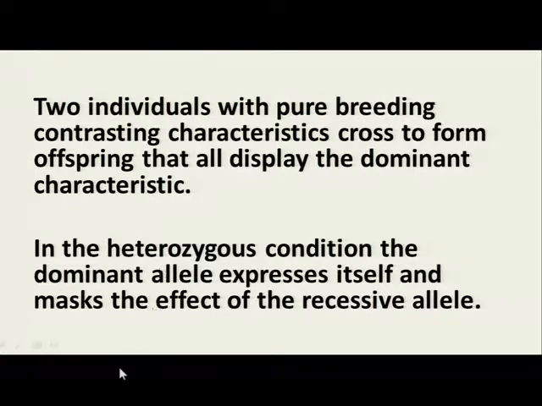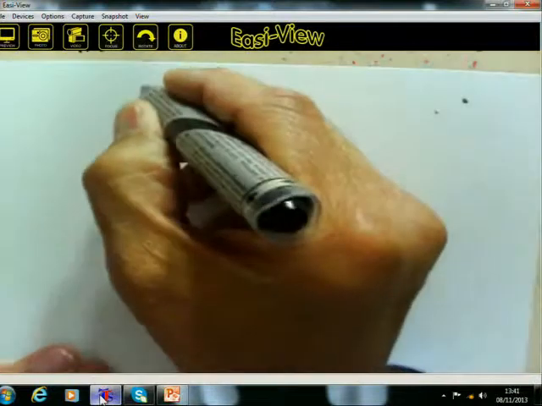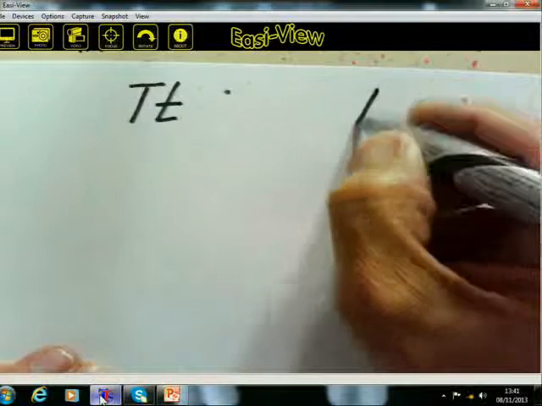I would like to take it a step further. What will happen if we cross these heterozygous plants with one another?